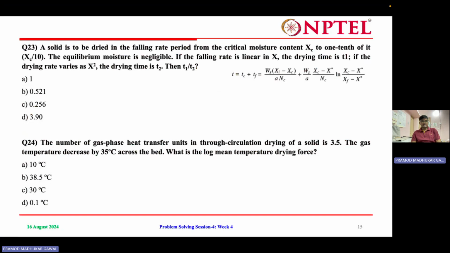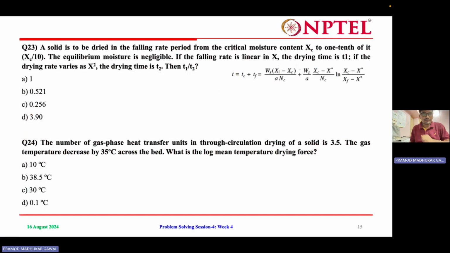Moving to question number 23. A solid is to be dried in the falling rate period from the critical moisture content Xc to 1/10 of it, Xc divided by 10. The equilibrium moisture is negligible. If the falling rate is linear in X, the drying time is T1. If the drying rate varies as X square, the drying time is T2. Then T1 by T2?